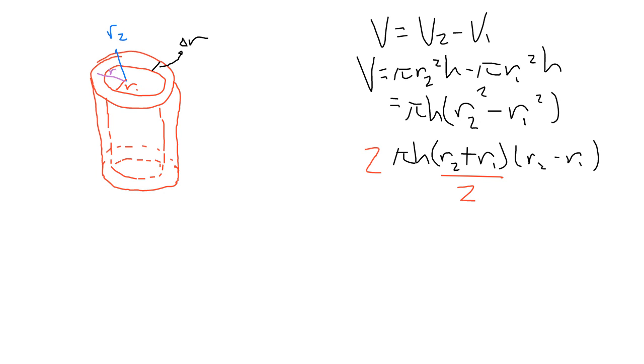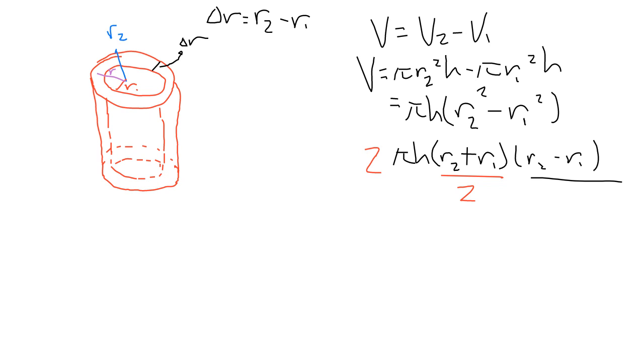And this brings us to an interesting idea. Earlier we thought of delta R as the difference between the two radii, so R2 minus R1, which we have right here.